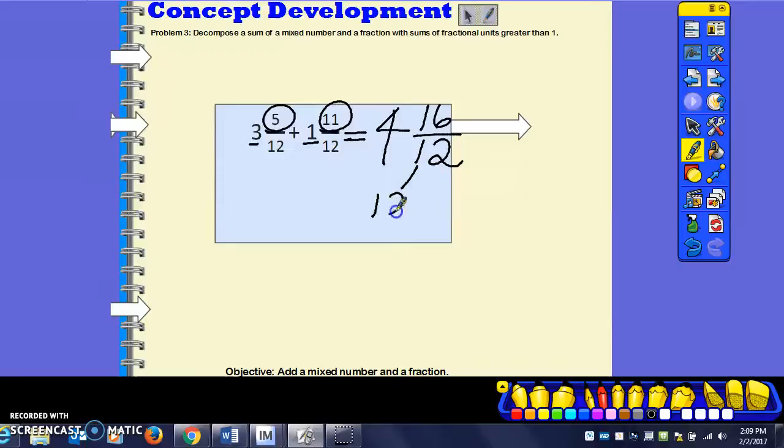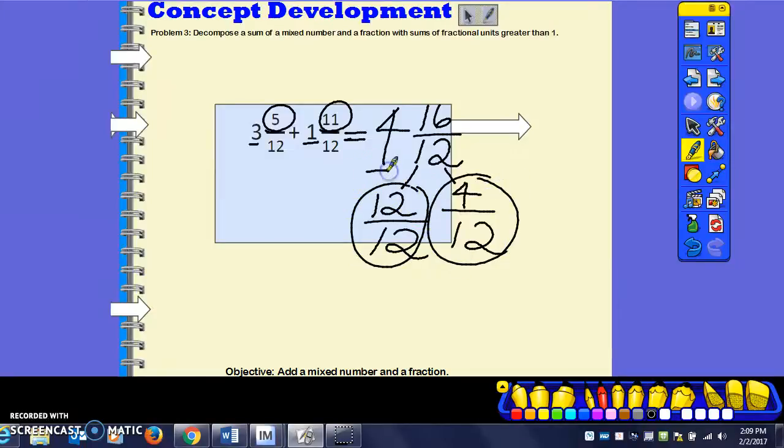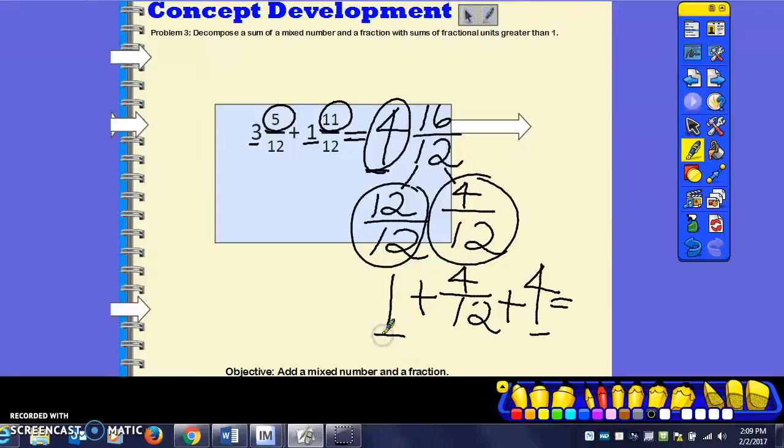So I'm going to pull out 12/12, and then I have 4/12 left over. 12 plus 4 is 16. So 12/12 is 1 whole plus my 4/12 that I have left over, plus my 4 wholes. 4 plus 1 is 5. And then 4/12 left over. So that's 5 wholes and 4/12.